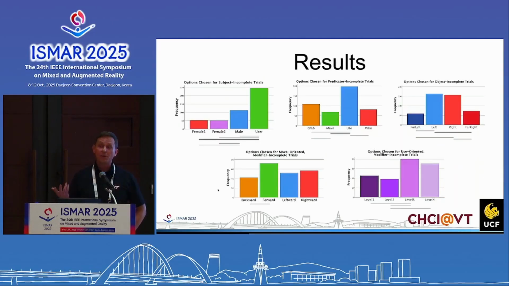So the results were quite interesting, and they show how ambiguous incomplete cues can be. One thing that we found was for the subject incomplete cues, when it's not clear who the subject should be, users more often than not assumed it should be them. With the predicator incomplete cues, this was an interesting finding. If you don't tell the user what to do with an object, but you tell them that they should do something, they will try to use the functionality of that object.